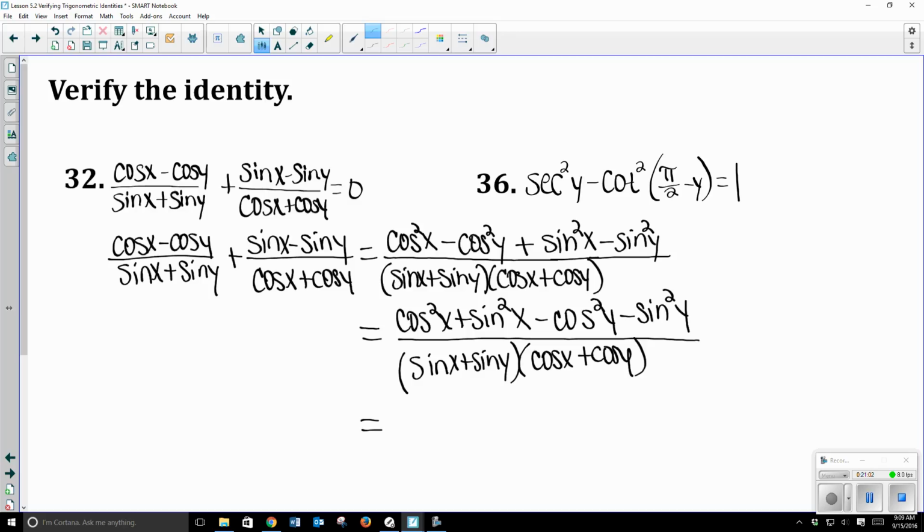In the numerator, we've got 1 for cosine squared x plus sine squared x.